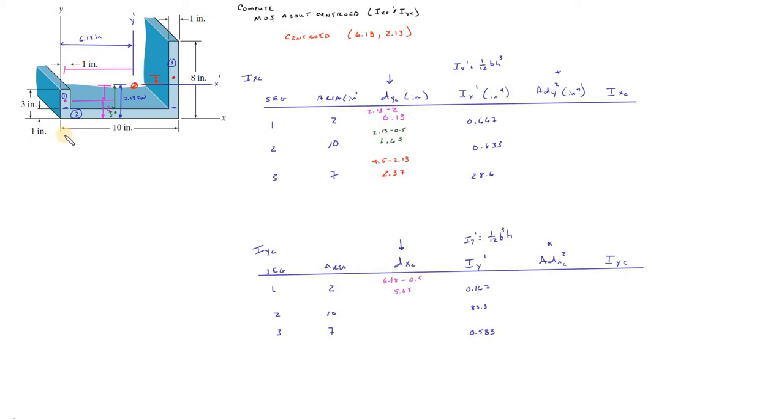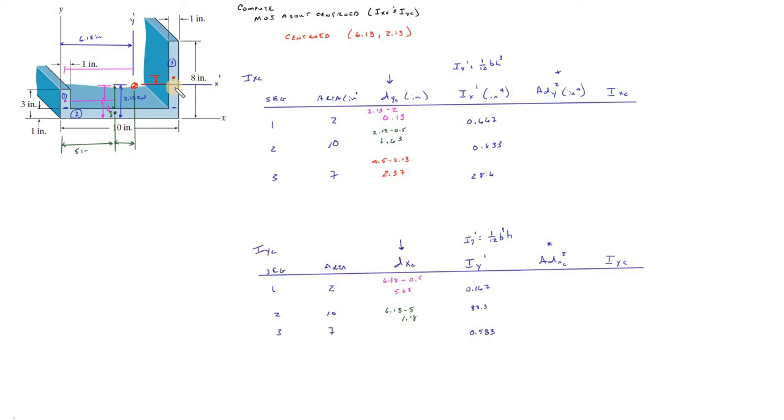Now 6.18, we know that to get to this point right here, we go 5 inches, and then from here to here is the remaining piece. So 6.18 minus 5 gives me 1.18.